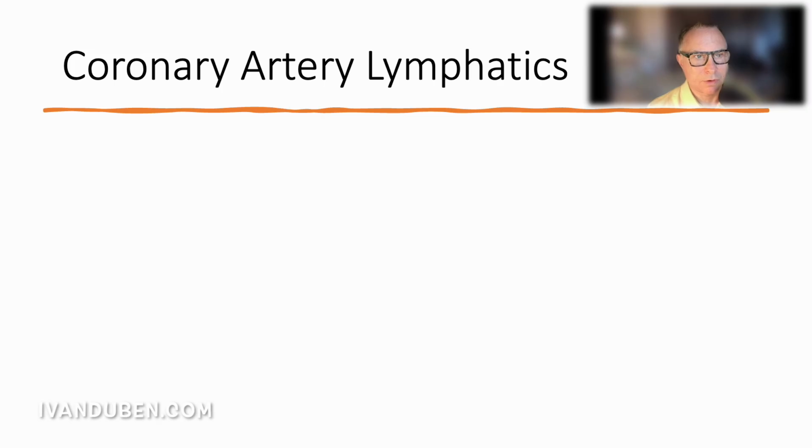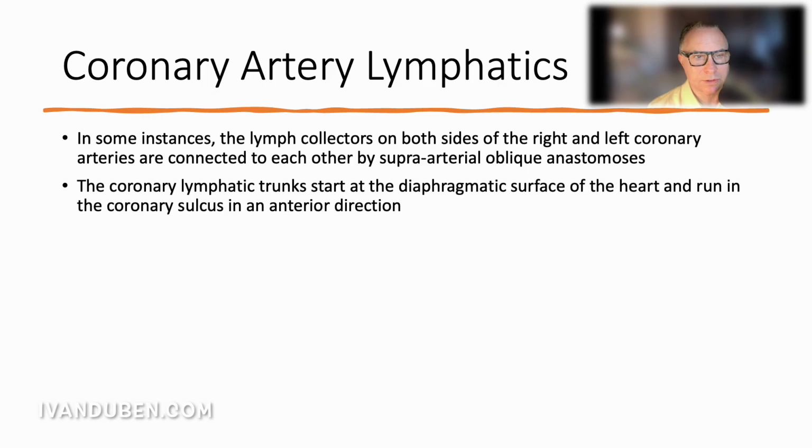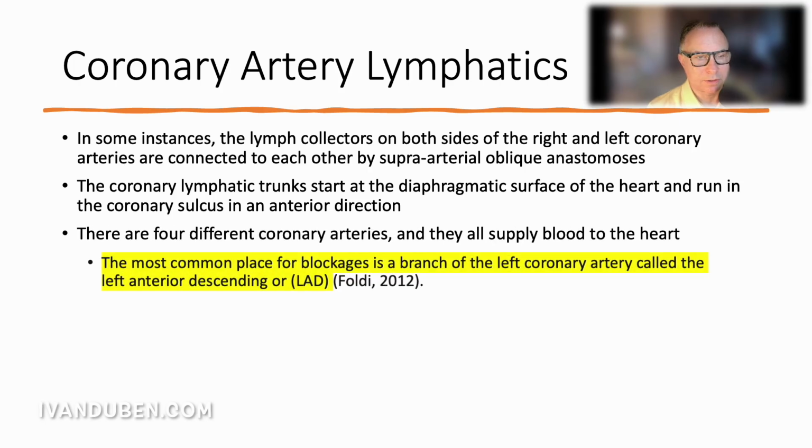A little more on the coronary artery lymphatics. In some instances, the lymph collectors on both sides of the right and left coronary arteries are connected to each other by supraarterial oblique anastomosis. The coronary lymphatic tracts start at the diaphragmatic surface of the heart and run in the coronary sulcus in an anterior direction. There are 4 different coronary arteries, and they all supply blood to the heart.